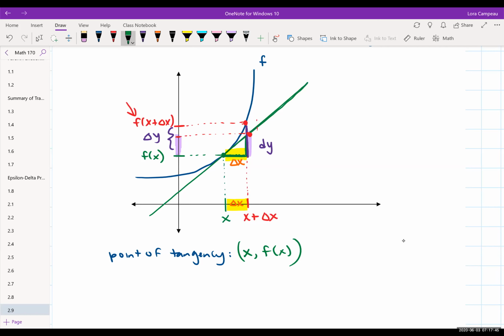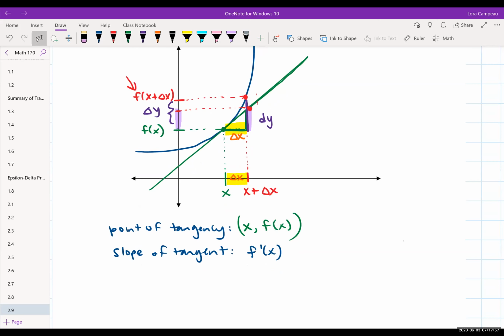Remember that the slope of the tangent is the derivative f prime x. And also, look at the other idea, the slope of a tangent. What's the Leibniz notation for f prime x? dy dx.